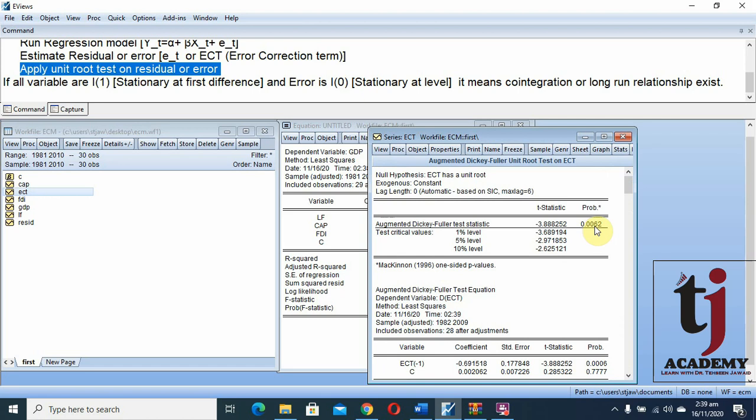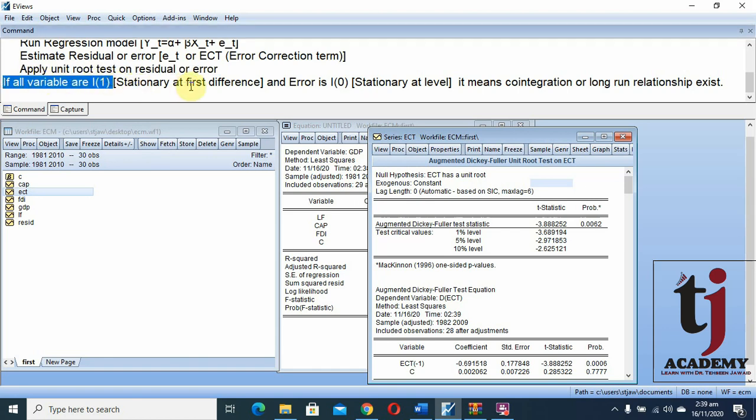So here the significance value is significant. It shows the error correction term is stationary at level. The significance shows the rejection of the null hypothesis, and it shows the error correction term is stationary at level. As assumed, all variables are I1 here in our model.